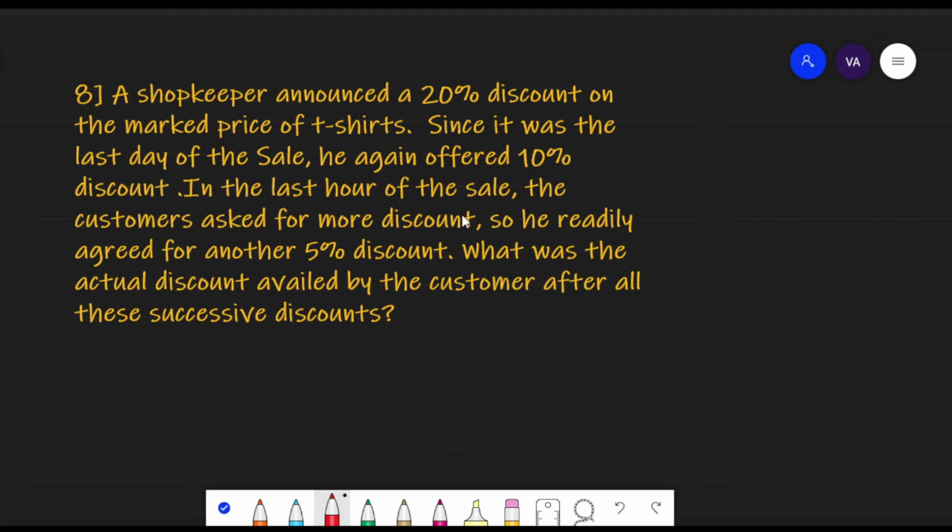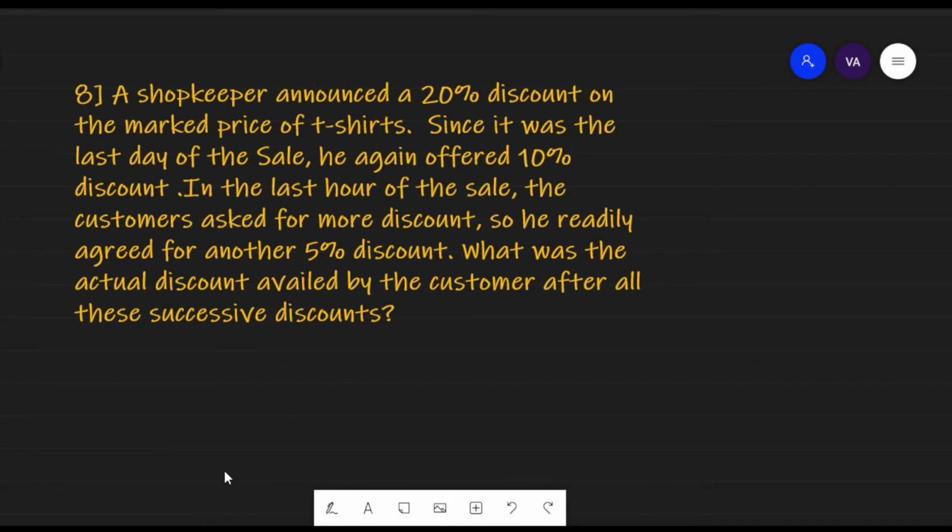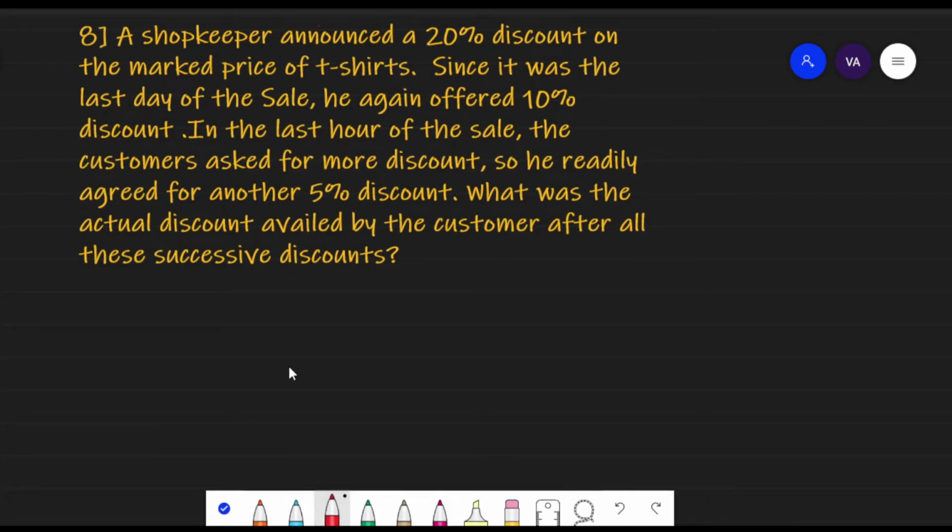Now, since this is about discount, we will have to find every time what was the new value of that t-shirt, what price he had offered the t-shirt for. But instead of going into detail every time, since we are dealing with problems that might come in Olympiads, we are supposed to solve them in 1 minute.